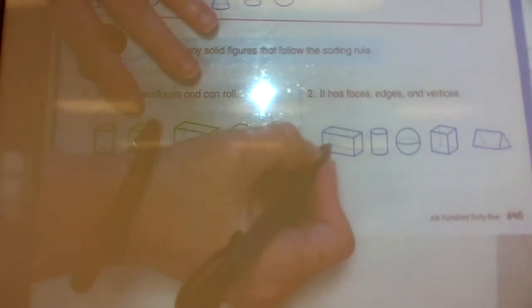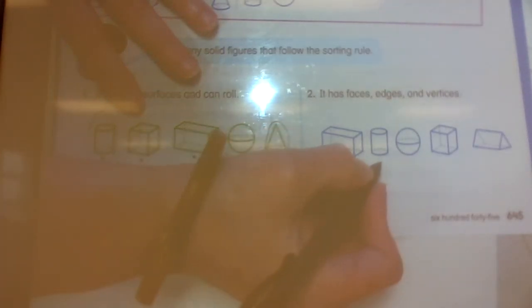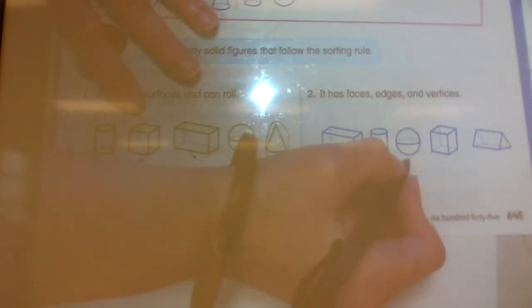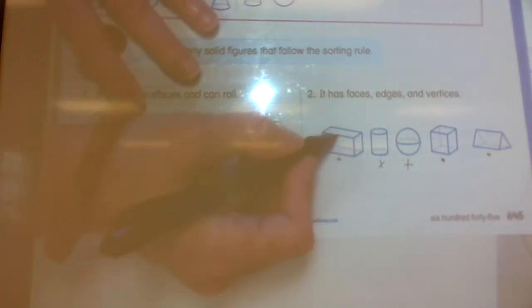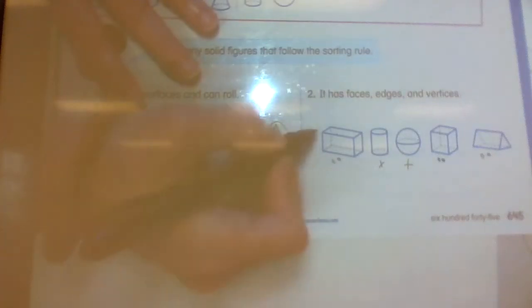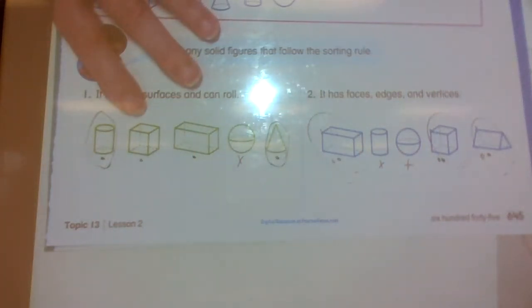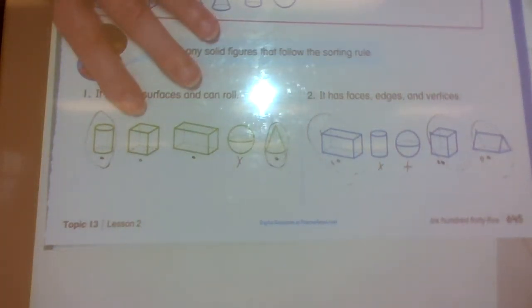All right, so faces, yes. No faces, those are called flat surfaces. No. Edges, yes, yes, yes. Vertices, yes. So the three prisms are the correct answer: rectangular prism, square prism, and triangular prism.